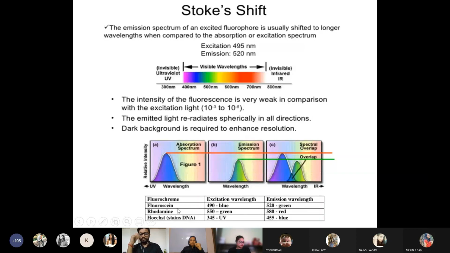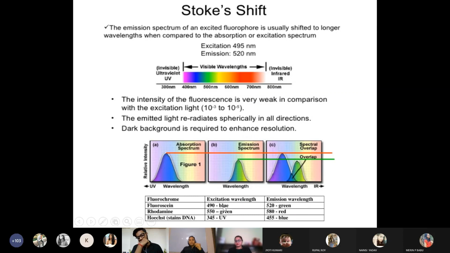I can show you what kind of fluorescent tags we use, such as fluorescein, rhodamine, and Hoechst. You can see the excitation wavelength is always lesser than the emission wavelength. If we tag our protein, where is the protein? The protein is on the cell, or inside the cell. It may be anywhere, or inside the nucleus as well.